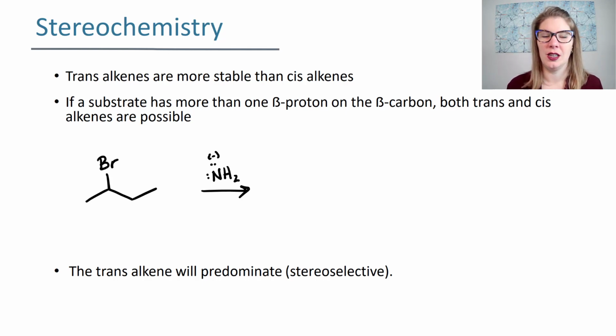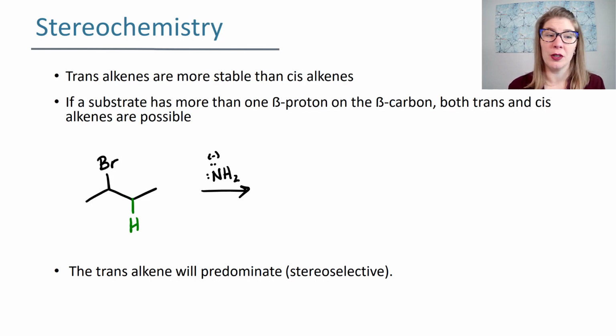When we consider stereochemistry, what we need to do is look at the quantity of beta protons. If you have more than one beta proton, then you can have both cis and trans alkenes. I want to bring your attention to the beta carbon on the right-hand side of this molecule.